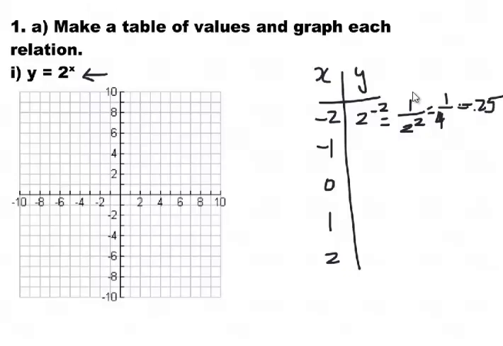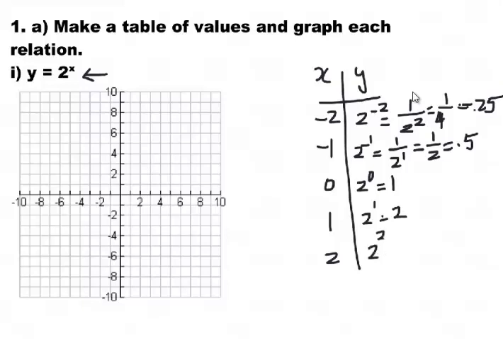When x is -1, this becomes 2 exponent -1, which is 1 over 2 exponent 1, which is 1 over 2, which is 0.5. The next one is 2 exponent 0, which is 1. Remember, any number exponent 0 is 1. Then this one becomes 2 exponent 1, which is 2. And this one is 2 exponent 2, which becomes 4.